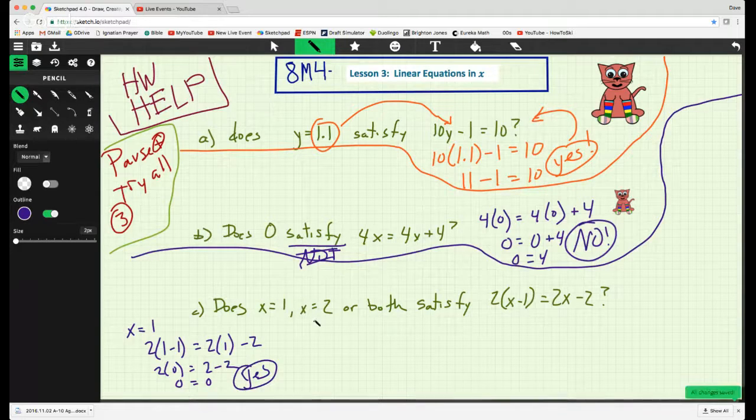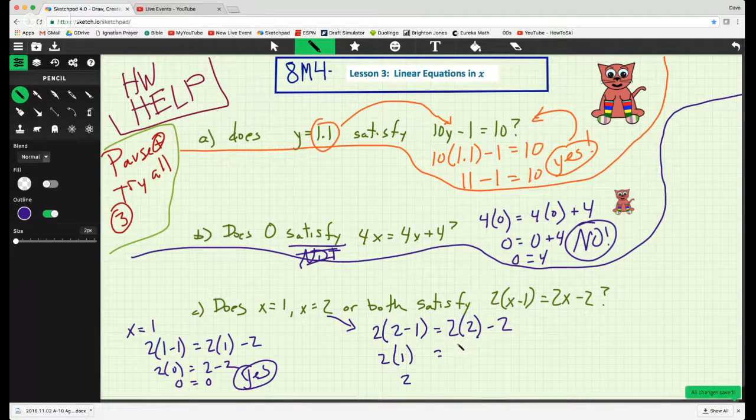So now you're saying, well, x equals 2 couldn't also work, could it? Well, let's try it out. 2 times (x, which is 2, minus 1) equals 2 times 2 minus 2. So 2 minus 1 is 1, so that's 2 on the left.